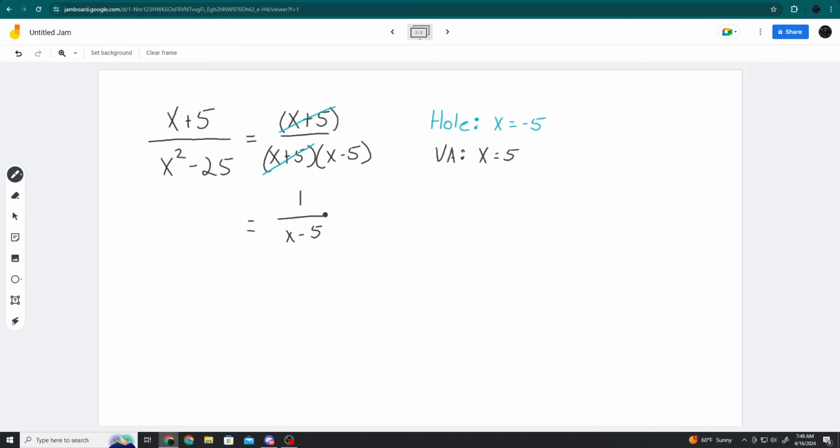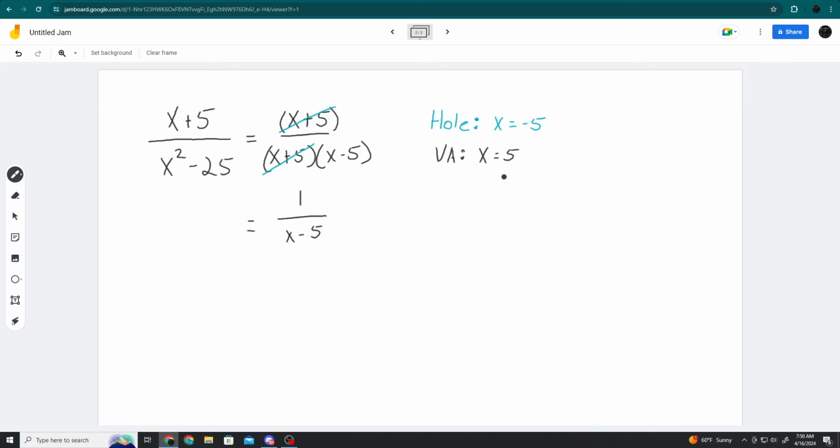Okay. But no matter what, if we're trying to figure out holes and vertical asymptotes specifically, we have to make sure we are factoring as much as we can and crossing out anything that's the same. Whatever gets crossed out is a hole. Whatever's left over in the denominator only is a vertical asymptote. Okay, that's pretty much the main idea.